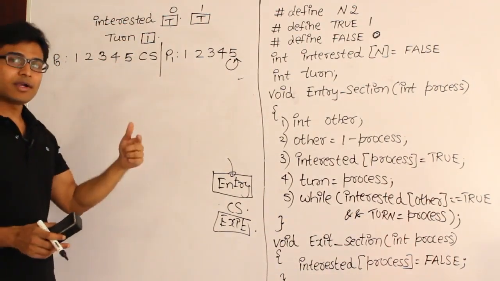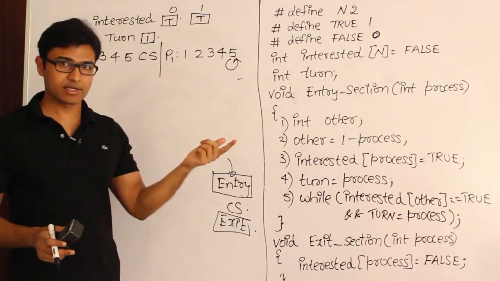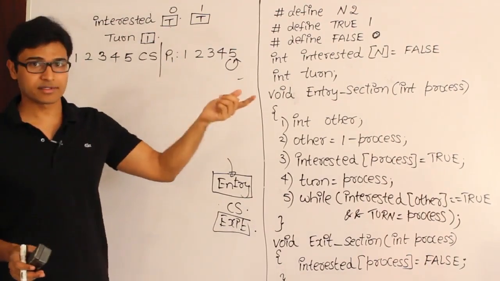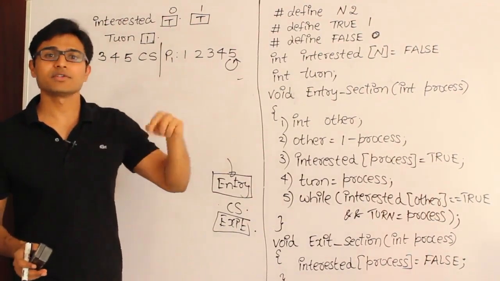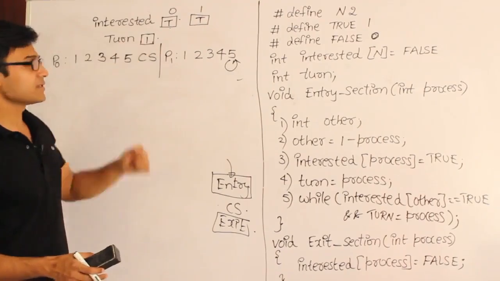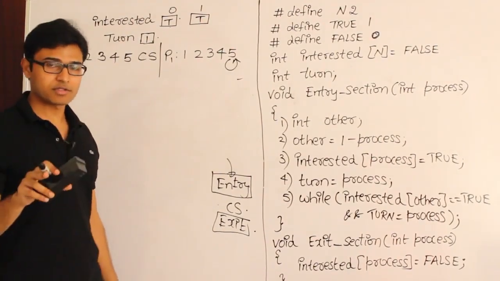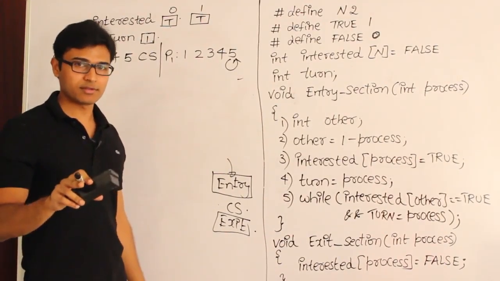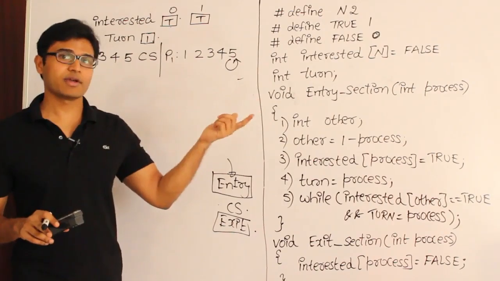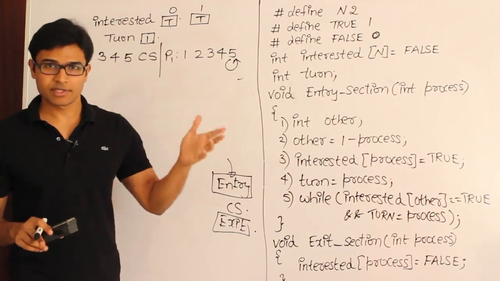So the other process, which you have already checked is interested, has already passed you. That is how you are the last one to set it. If you are the last one to set the turn equal to 1, it means the other process might have already passed you. That is one case, right?